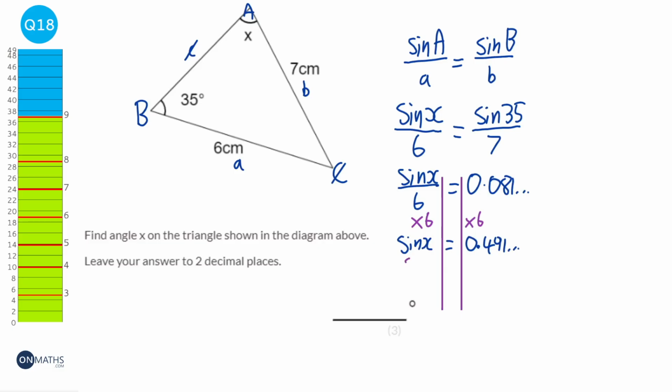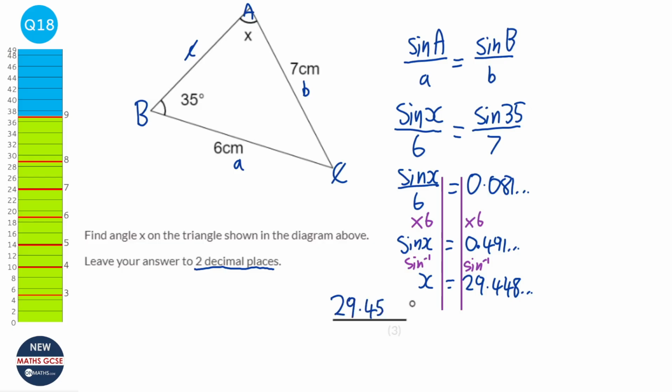And then we're going to inverse sine both sides. And so we have x equals 29.448 and so on. Our answer wants to be rounded to 2 decimal places, so we're going to put our answer as 29.45 degrees.